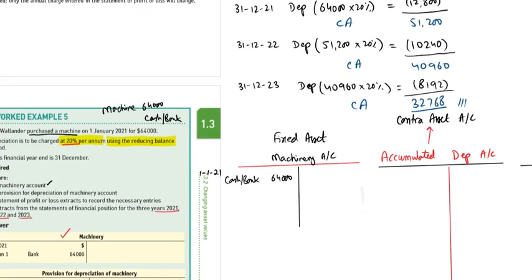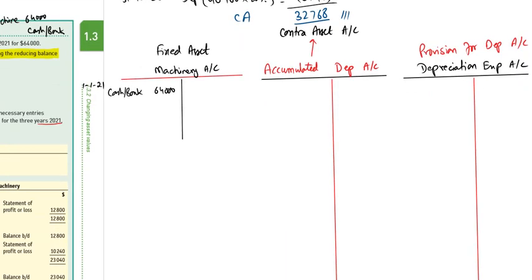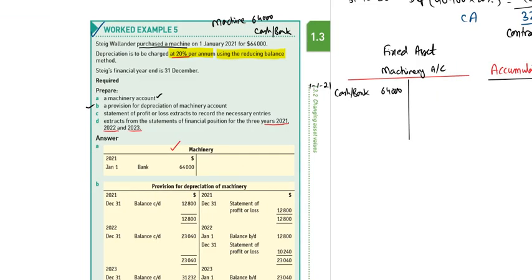In the accumulated depreciation account first, actually this is not the requirement for our question. See the question, they said to just calculate the machinery account and depreciation expense account.